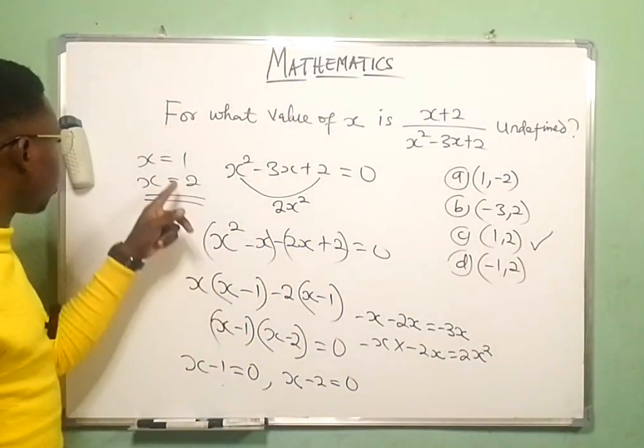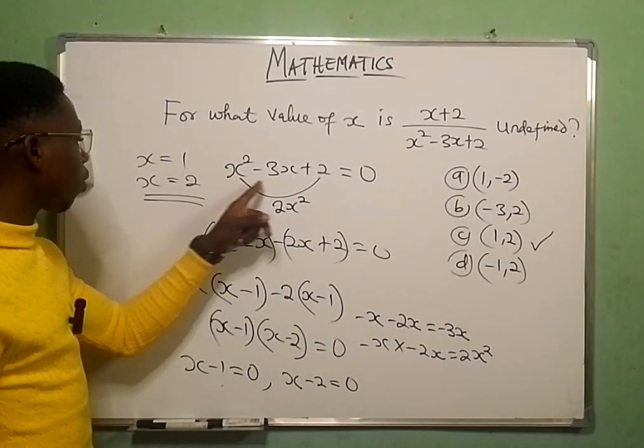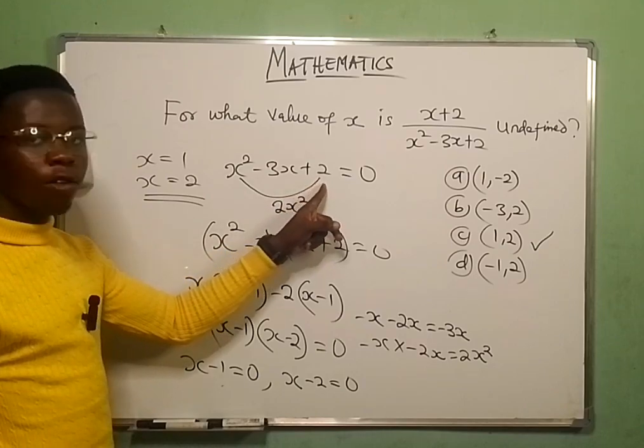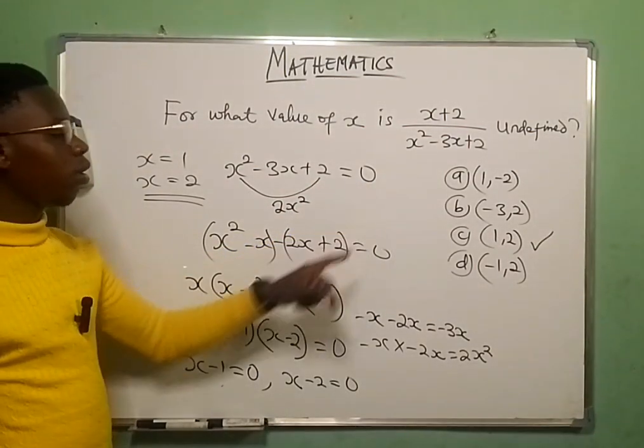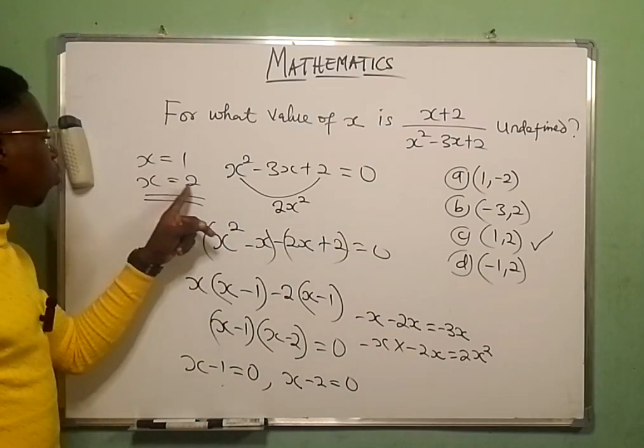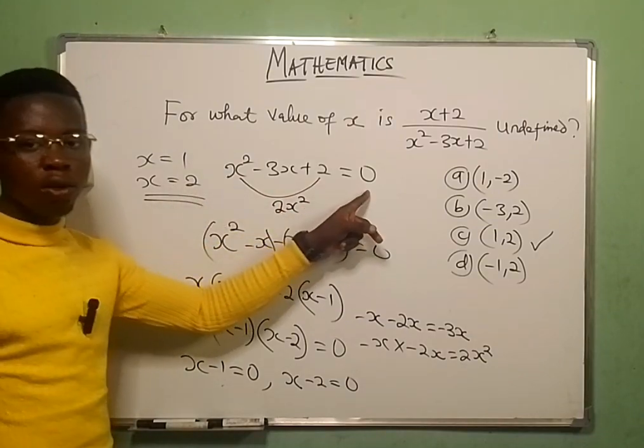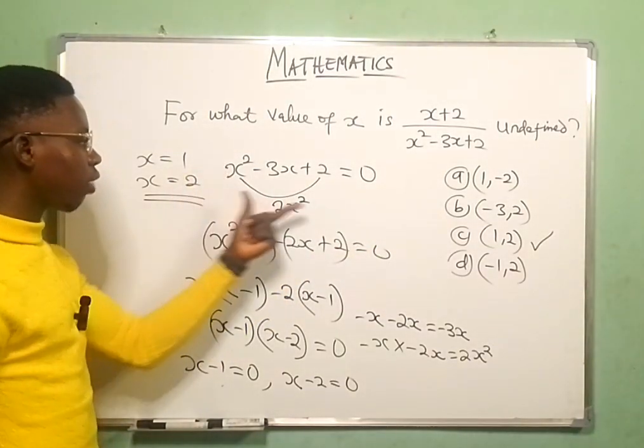Now, if you put the value of x as 1 in this function, or in this equation, you will have it to be 0. If you also put it as 2, you still have it as 0.